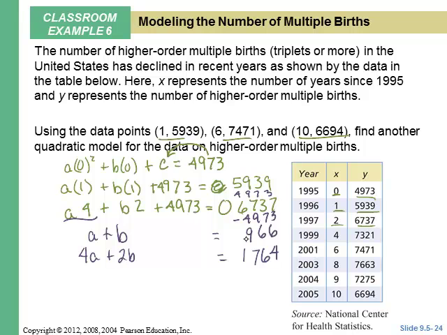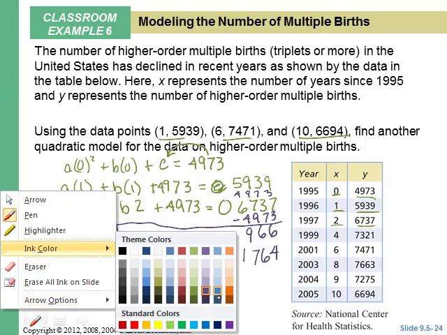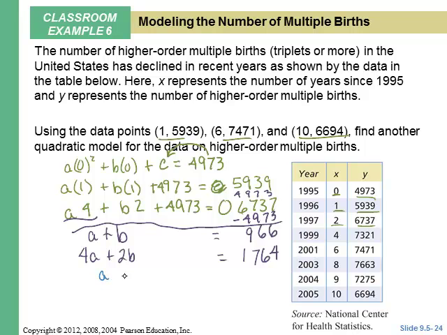Okay, so you've got two equations here. What's the easiest way to solve those? I'm going to try substitution. I'm going to rewrite the first equation as A equals 966 minus B, and substitute that into the second equation. 4 parentheses, 966 minus B, plus 2B equals 1764.